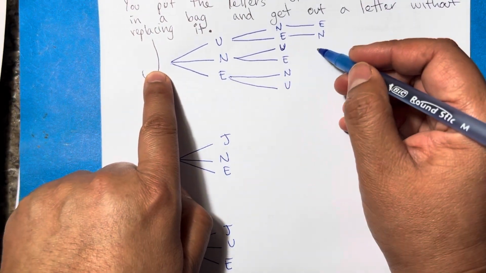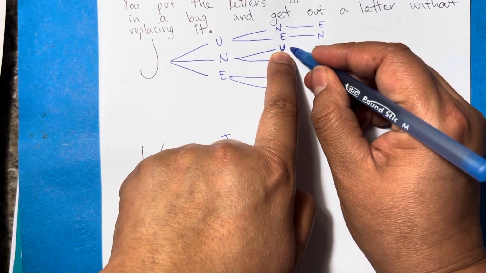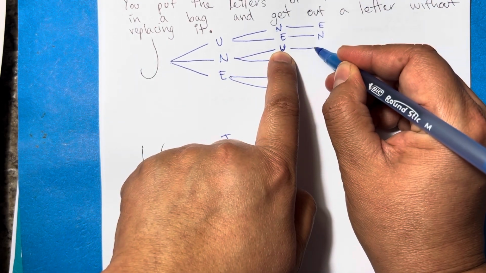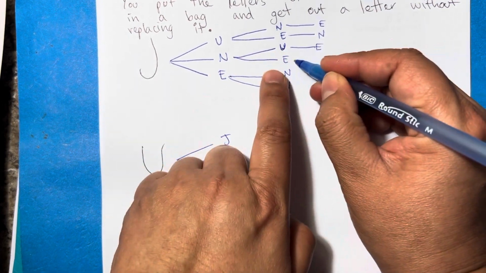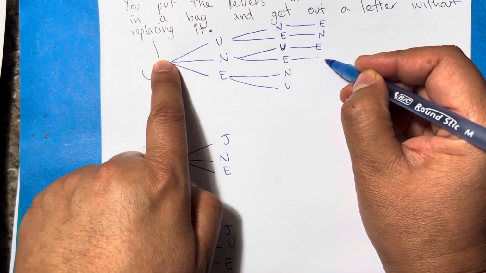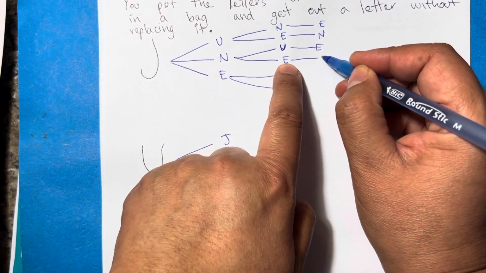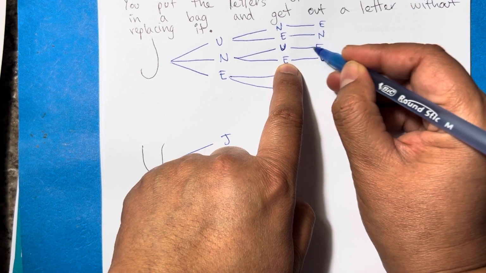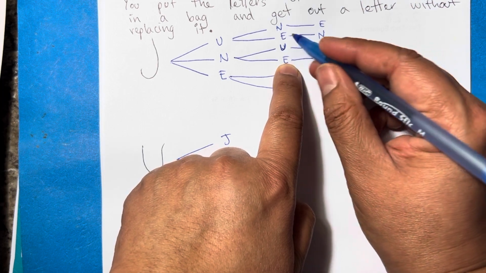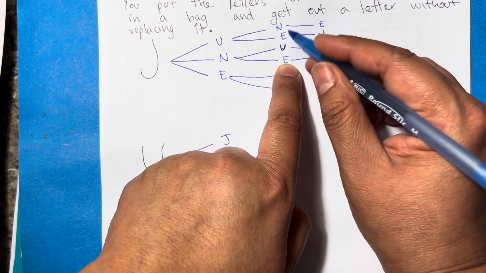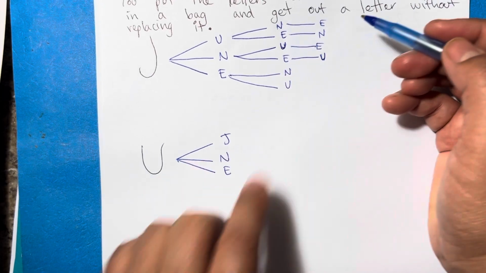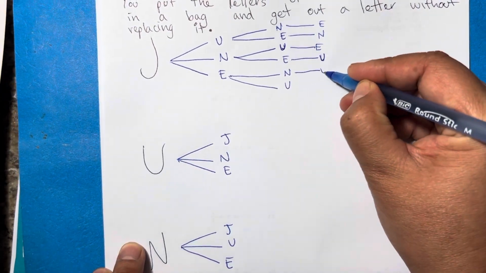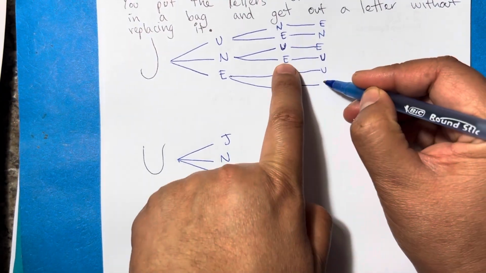In here, you took J and U. That means that you only have E in the bag. For this one, you took J and E, so you only have U in the bag. Notice how in here, for the last one, you just exchange them because you take one and the other, okay? For this one, it is going to be U. For this one, it is going to be N.